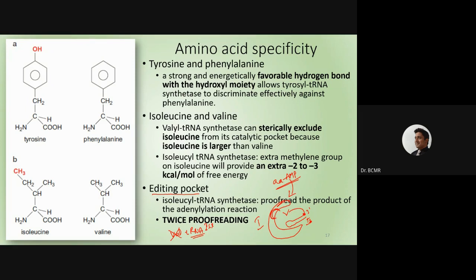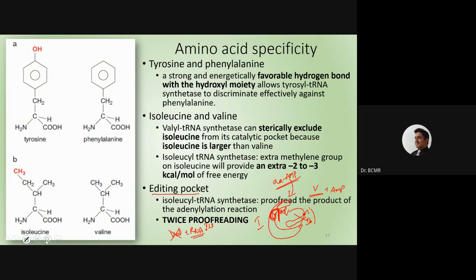So there is an editing pocket. Valine-AMP has a pocket that can fit only valine, and if it enters there, it will break the bond between valine and AMP. So valine and AMP are released, because valine as such cannot be used for charging of the tRNAs. I hope you understood that.